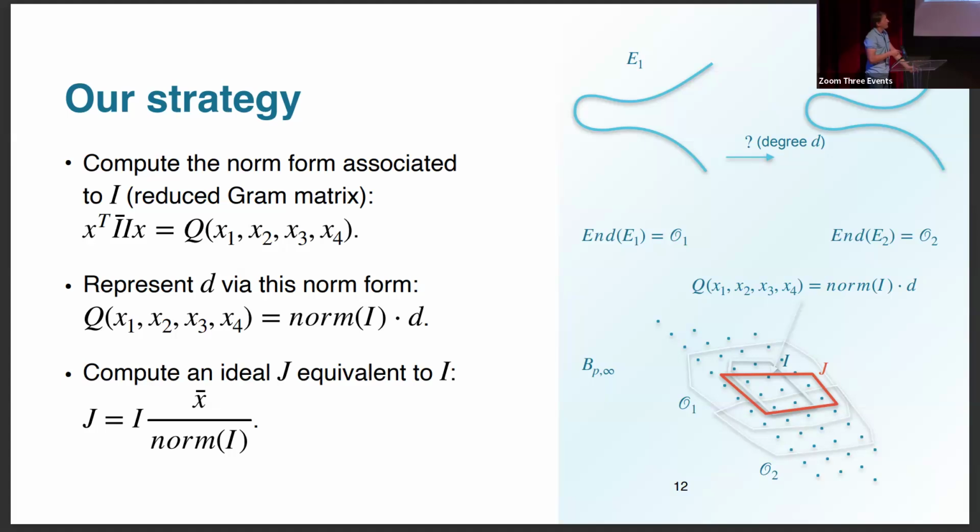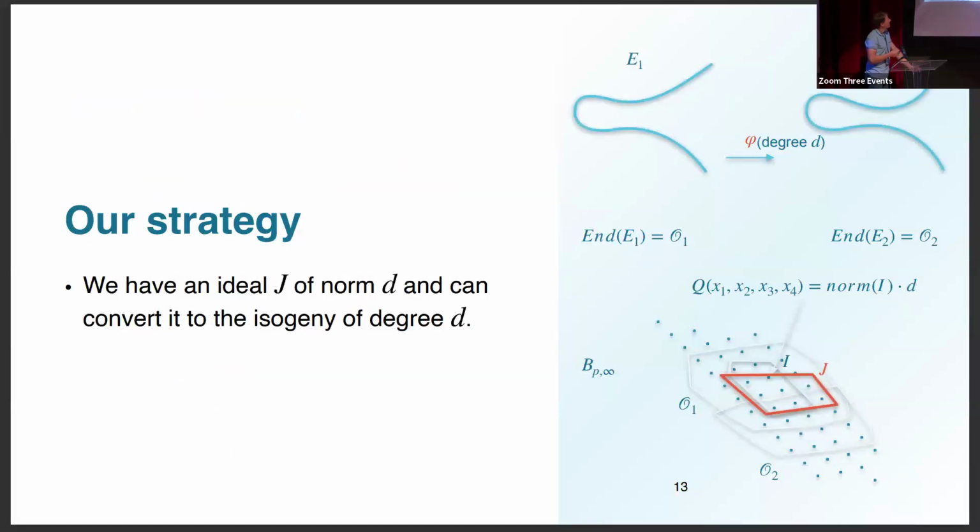So if we get x1, x2, x3, x4, for which this equality holds, then we can use this x to compute an ideal J by using this formula. And this ideal J is equivalent to I, and it has the norm that we want. So it has norm D, and then we can move back to the world of curves. We can translate it to the isogeny of degree D.